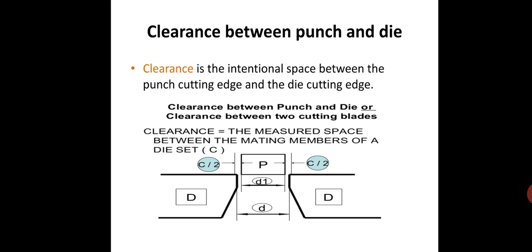Above the die, it's a block named P. It's a punch. The gap between the punch and the die is two gaps, left and right one. It's a clearance C. C by 2 means clearance on both sides, left and right.